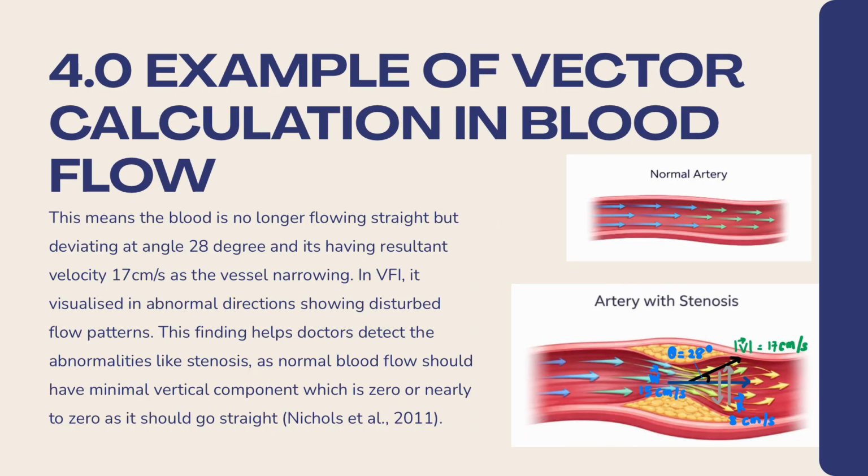This means the blood flow is no longer flowing straight but deviating at an angle of 28 degrees, and it has a resultant velocity of 17 cm per second as the vessel narrows. In VFI, it is visualized in an abnormal direction, showing disturbed flow patterns. This finding helps doctors detect abnormalities like stenosis, as normal blood flow should have a minimal vertical component, which is 0 or nearly 0, as it should go straight.